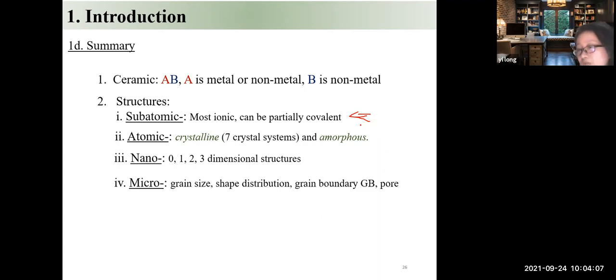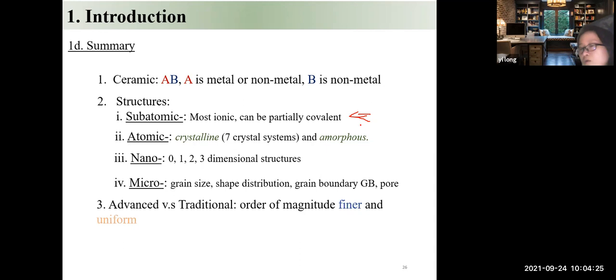And the micro range, which means you need to study the grain size, the shape and distribution, the grain boundaries, and pores and all the second phase, all these things. So the micron structures.